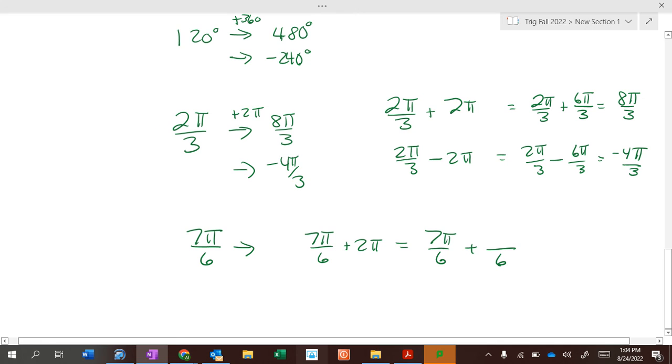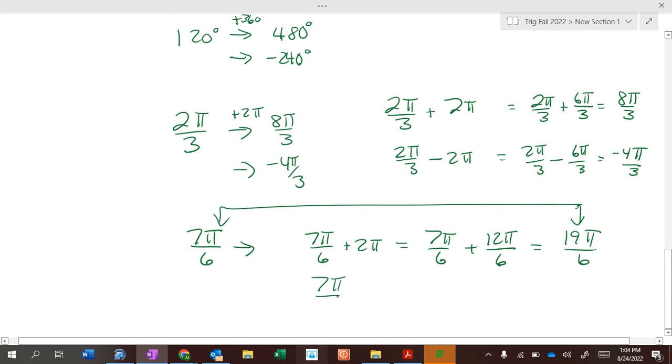What over 6 is 2 pi? 12 pi over 6. Because 12 over 6 is 2, right? Make sense? So 12 pi over 6. Well, we get 19 pi over 6. That's coterminal. 7 pi over 6 and 19 pi over 6 are coterminal with each other.